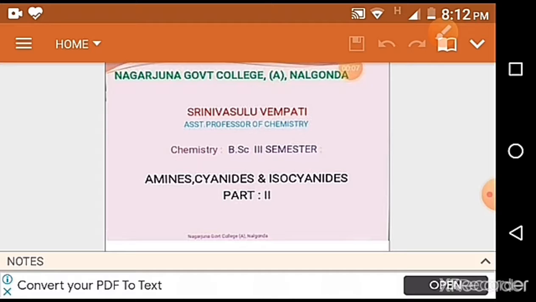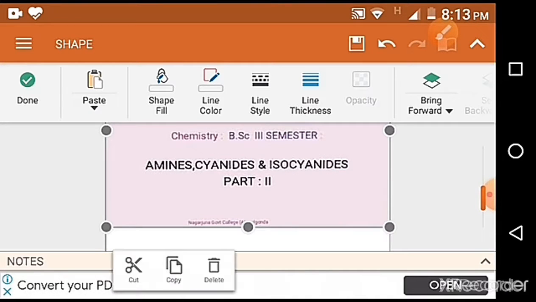We discussed in detail. Then we discussed physical and chemical properties of amines. Basically, alkylation, acylation, carbylamine reaction, Hinsberg method of separation of mixture of amines, and a reaction of amines with nitrous acid, and especially focused on basicity of amines.